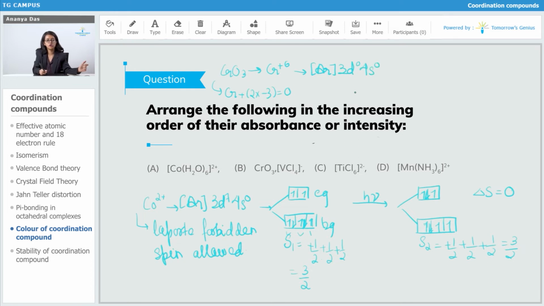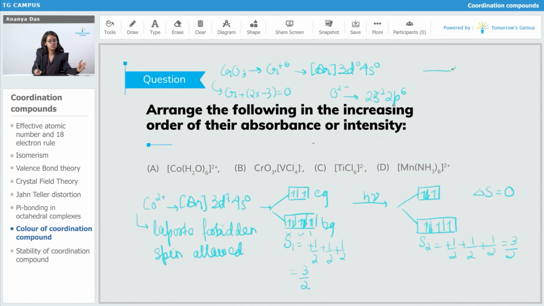There are no electrons present in your d orbital. So how will the transition take place? The transition is going to take place from the orbitals of the oxygen to your chromium. Oxygen is O2-, which means 2s2 2p6. Originally it was 2p4. 2 electrons have been added, that makes it 2p6.